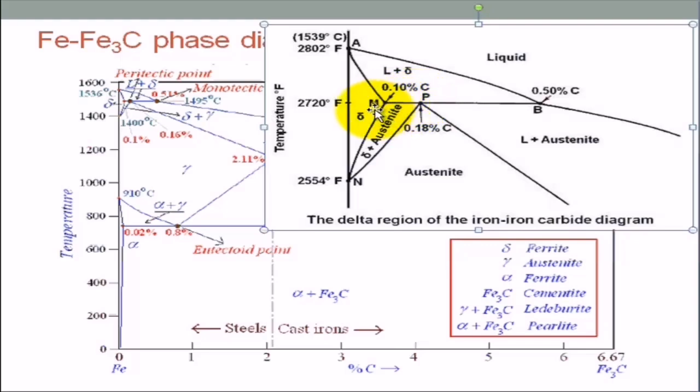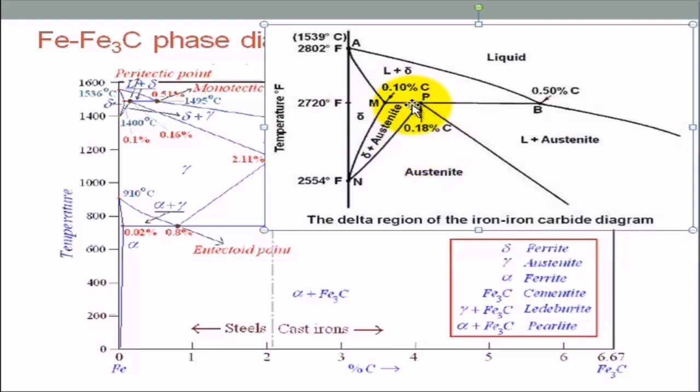The maximum solubility of carbon in BCC is 0.1 weight percentage of carbon at point M, and you can see the letter M. The presence of carbon influences the allotropic change between delta and gamma.